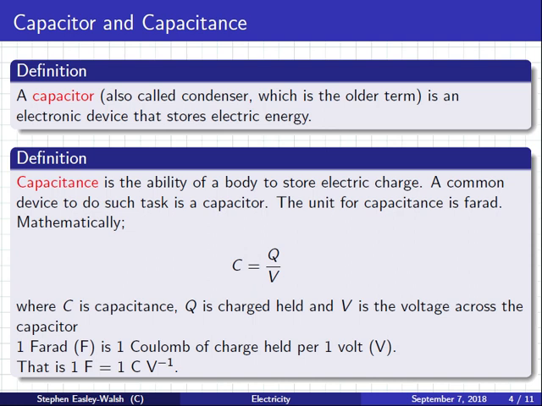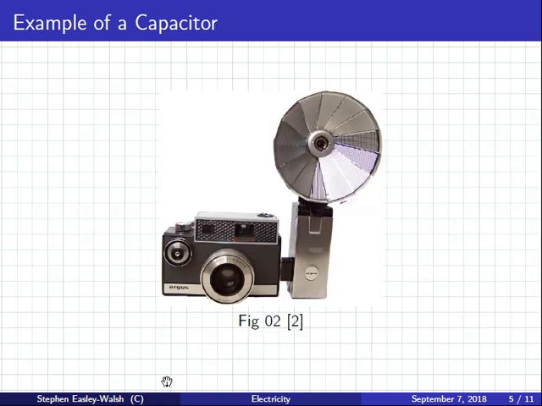Now, here is an example of a capacitor. It's an old example, I know, but it gives you the idea. With the old cameras, you press a button and then you have to wait, like 30 seconds.